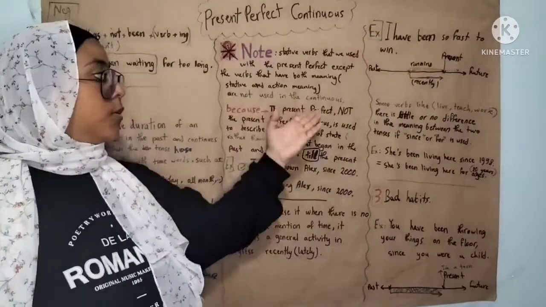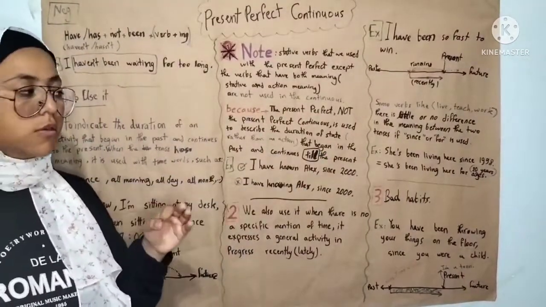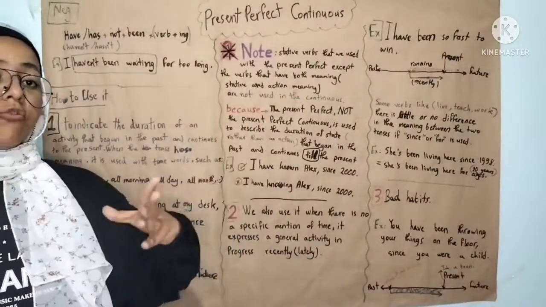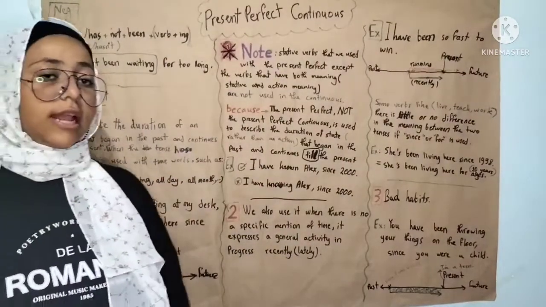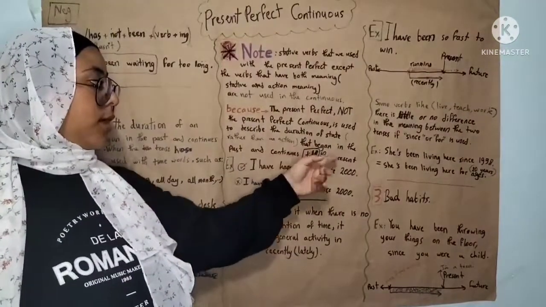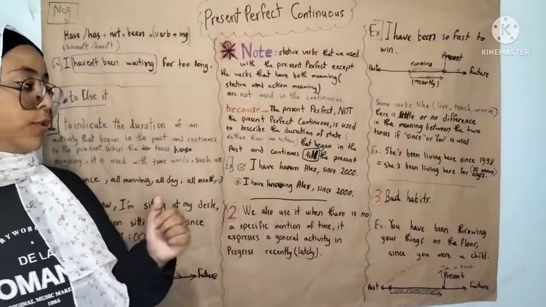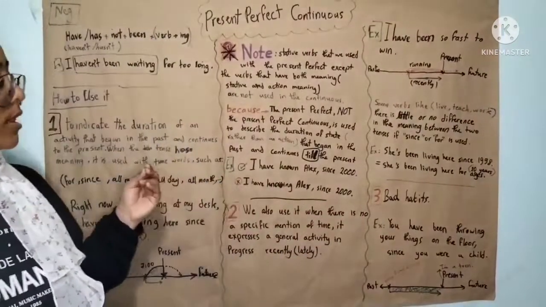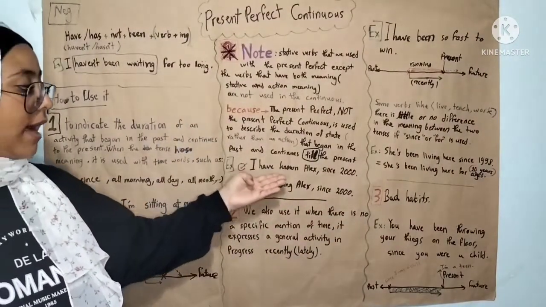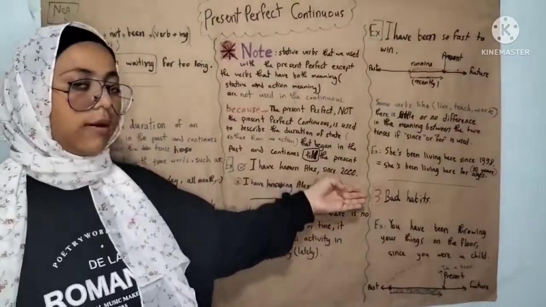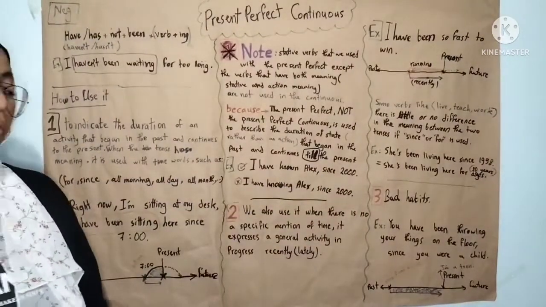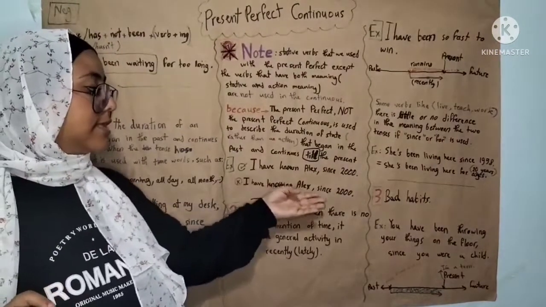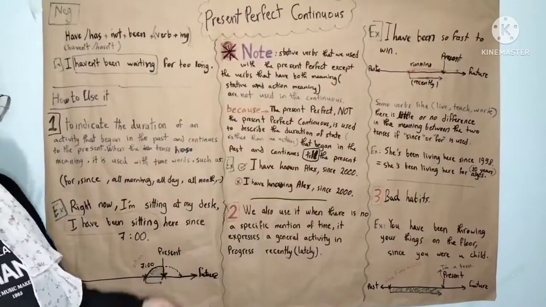The present perfect, not the present perfect continuous, is used to describe the duration of a state rather than an action that began in the past and continues till the present. So, for example, the correct sentence here is, I have known Alex since 2000. But the incorrect one is, I have been knowing Alex since 2000.